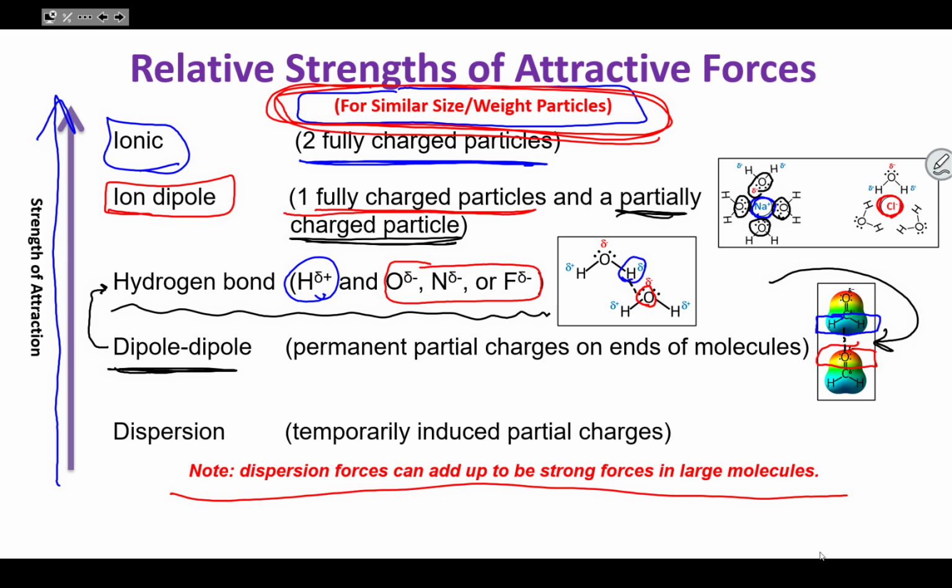So dispersion is going to be the weakest, and because it's temporarily induced partial charges, or partial charges induced on the side of the molecule, or another way to say it is temporary induced electron rich end of one molecule with an electron poor end of another water molecule.